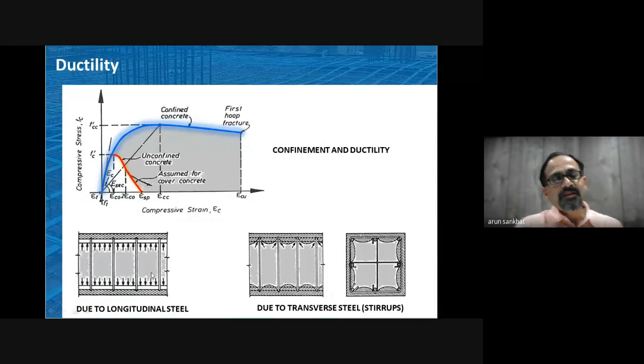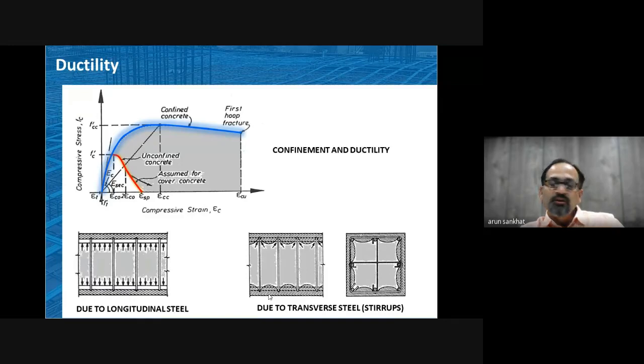But longitudinal steel alone will not provide enough ductility. To generate more ductility, we need transverse steel, which is nothing but the stirrups. In the presence of transverse steel, that is stirrups, and longitudinal steel, the confinement generated is very effective to generate good ductility.